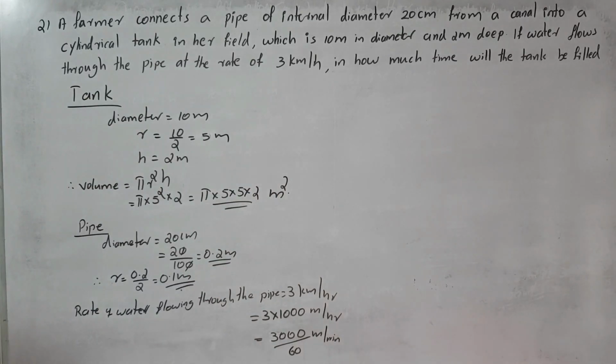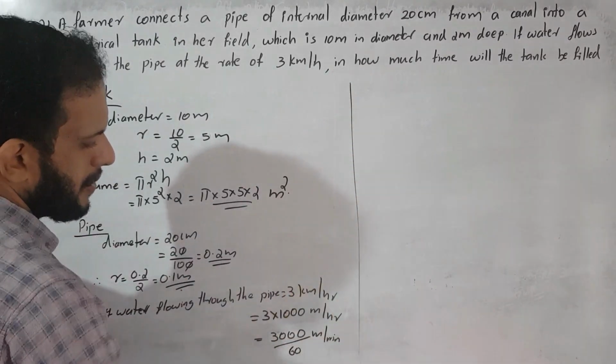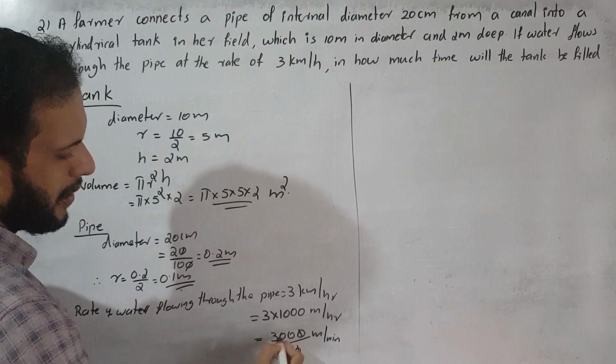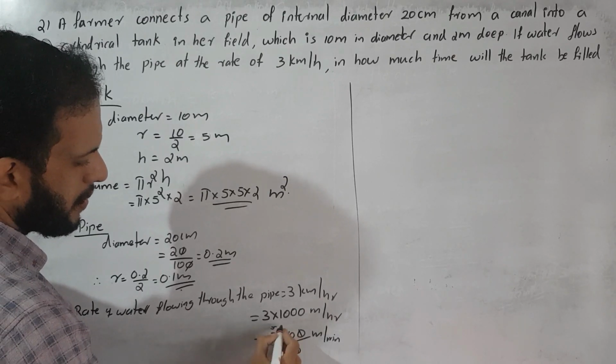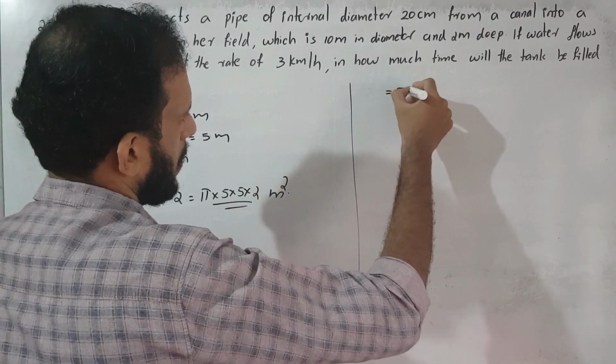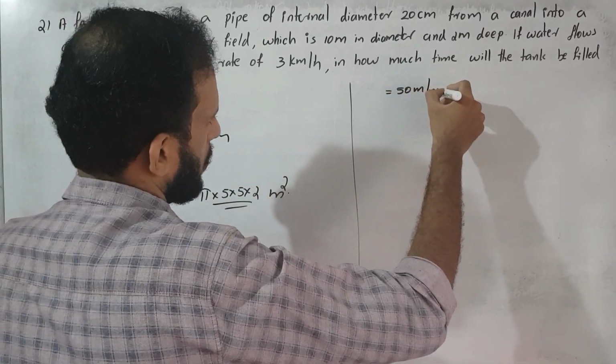Then it is possible to divide. Then what we get? Yes, 3000, the 0 is cancelled. Then 300, 30 how many times? Yes, 5 times. Then it is equal to 50 meter per minute.